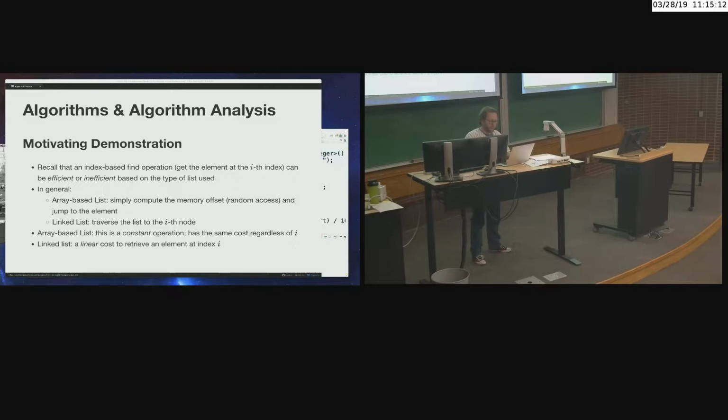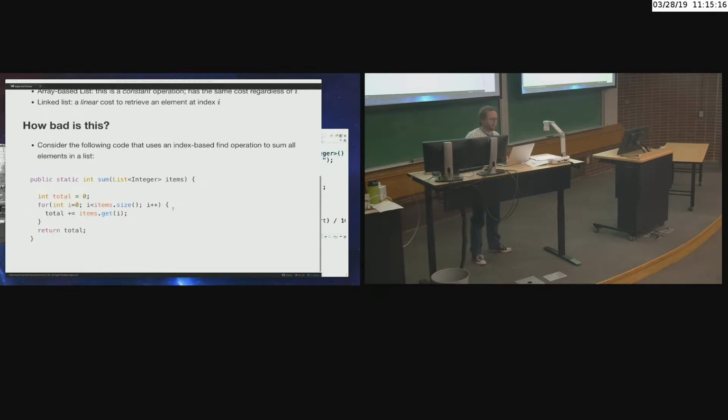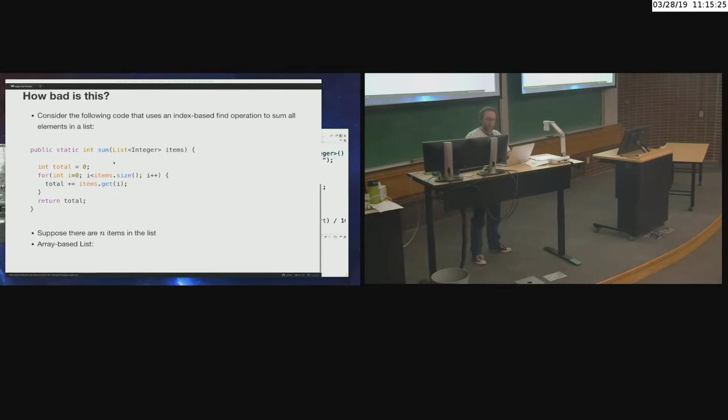Just so that you have it in the notes here, I'll go ahead and make sure that you've got that example. Now let's look at it from a more formal point of view. Again, with an array-based list, each get sub i call takes a constant amount of time.